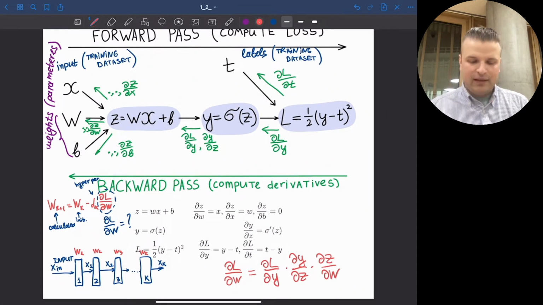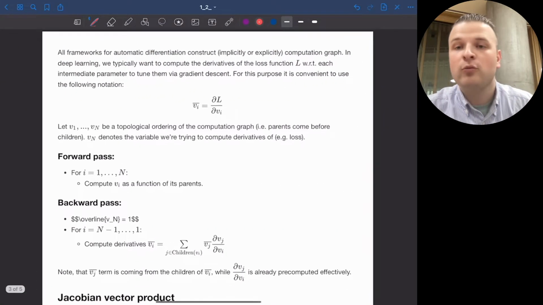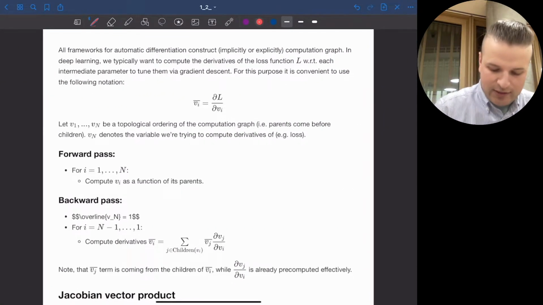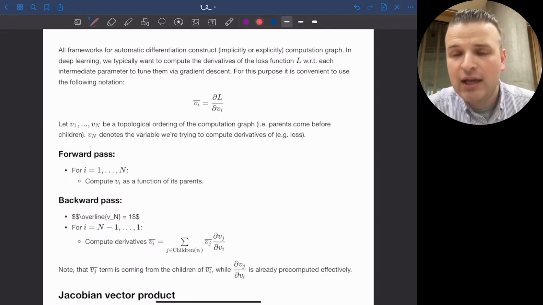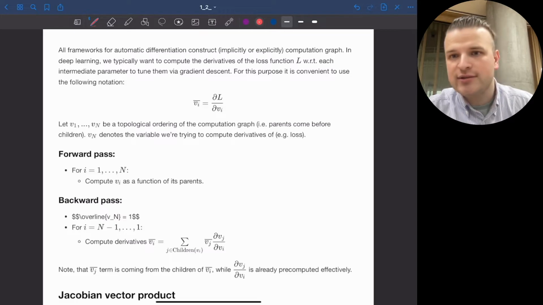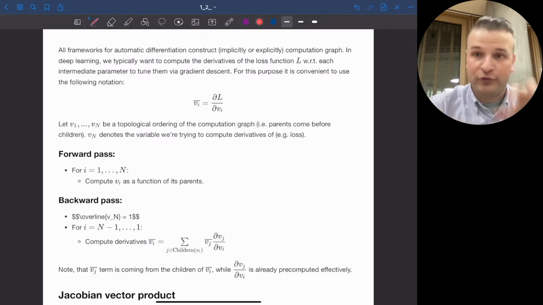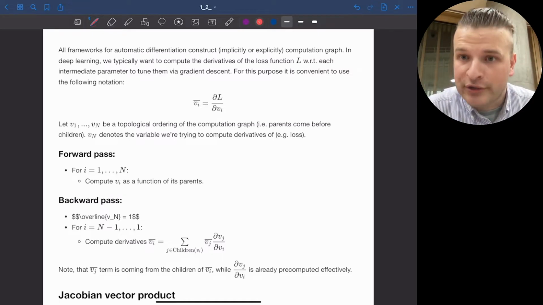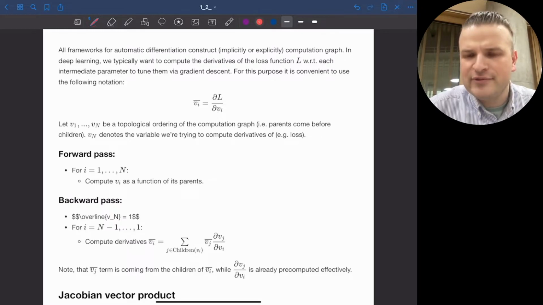Okay, let's formulate this idea. So again, suppose that we have a computational graph, which is a sequence of very simple arithmetical operations of your mathematical machine learning model here. And each node of this computational graph is just a very simple arithmetic operation.